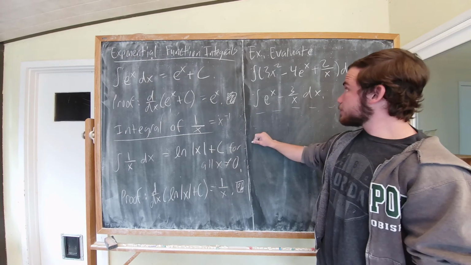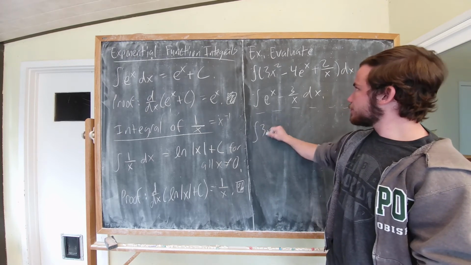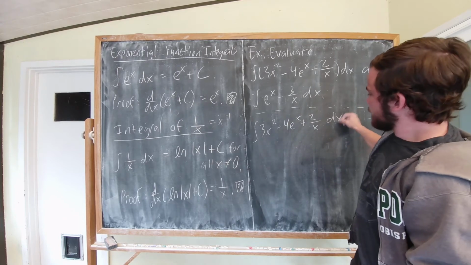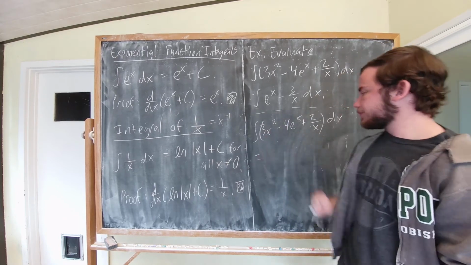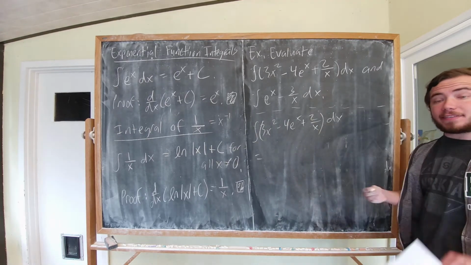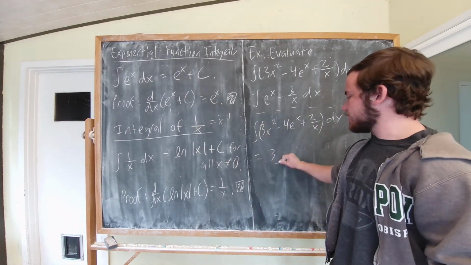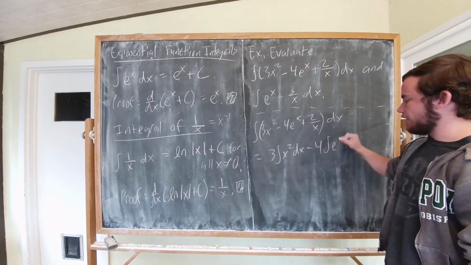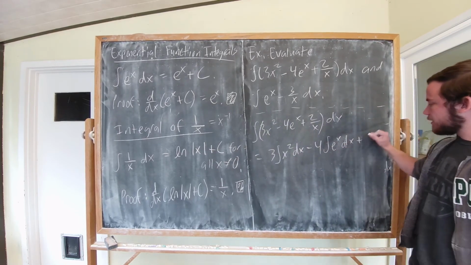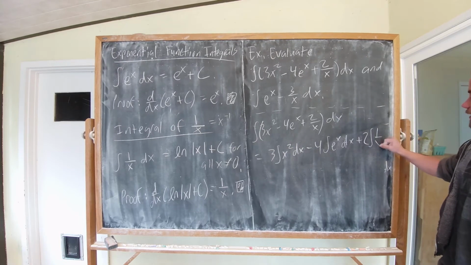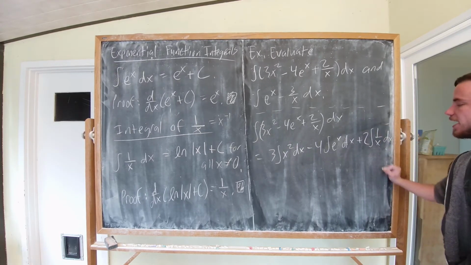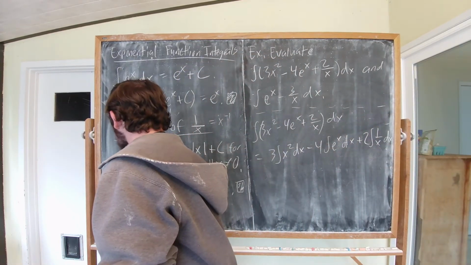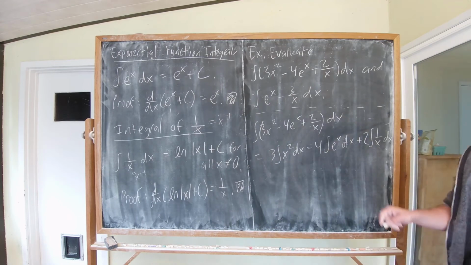First integral. Let's apply the sum rule and the scalar rules. This is 3 times the integral of x squared dx minus 4 times the integral of e to the x dx plus 2 times the integral of 1 divided by x dx. Let's also just recall this is equal to x to the negative first for convenience.